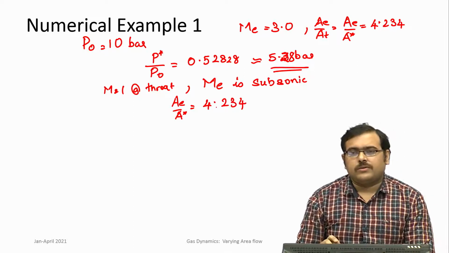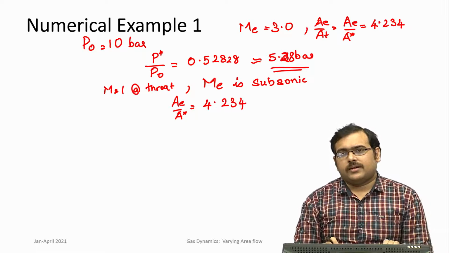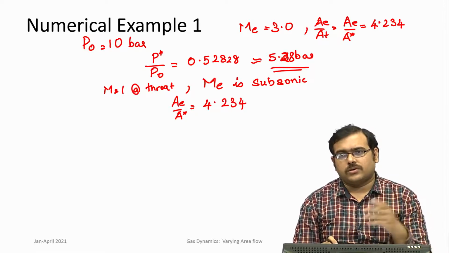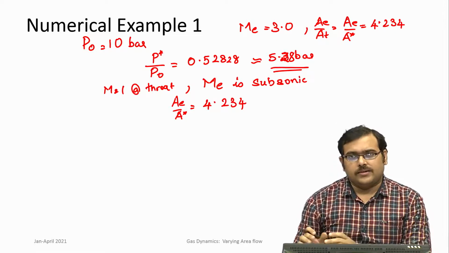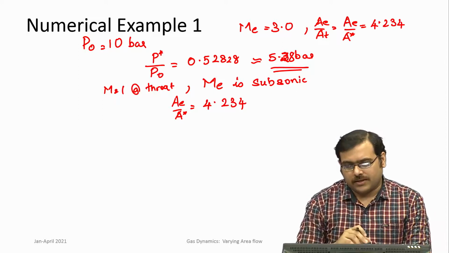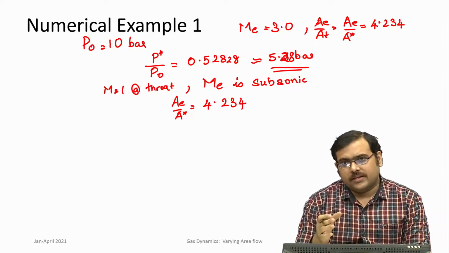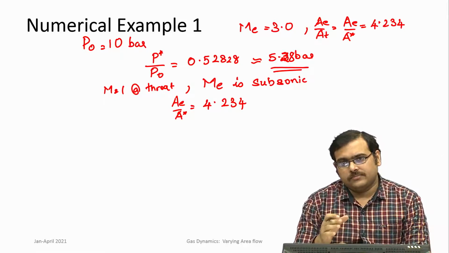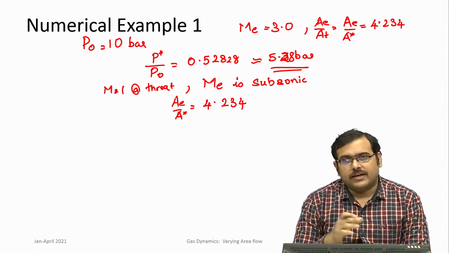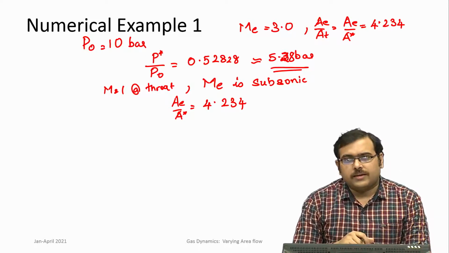But we also know that for a given AE by A star there are two possible solutions. One is in the subsonic domain, one is in the supersonic domain. While designing this nozzle, the designers would have designed it for supersonic operation, but currently it is operating in a subsonic condition with Mach number 1 at the throat.